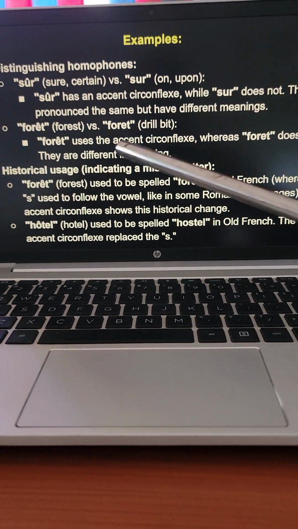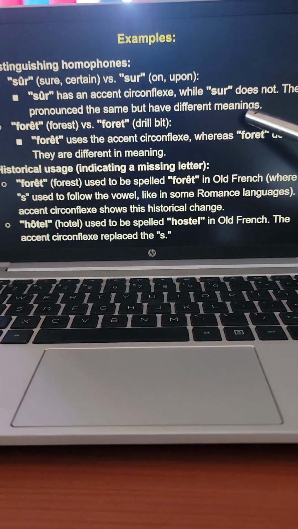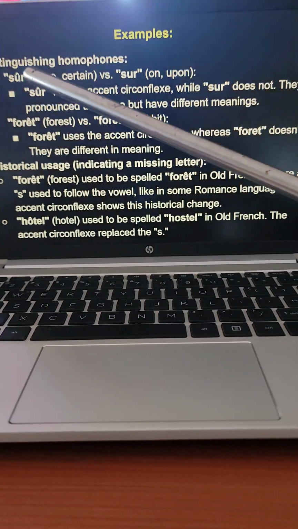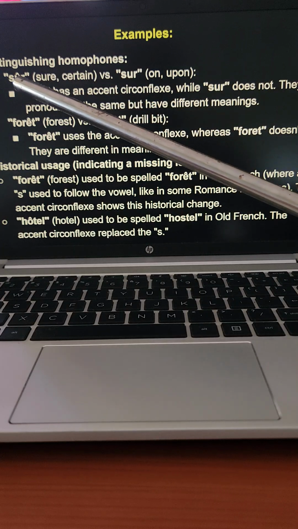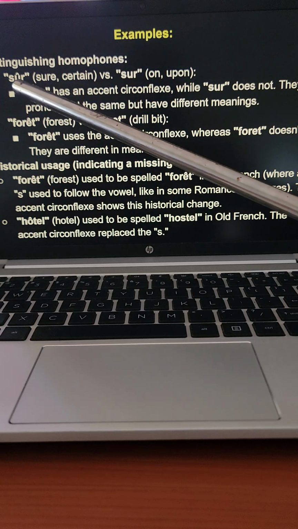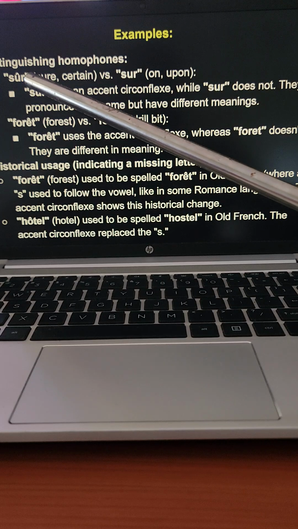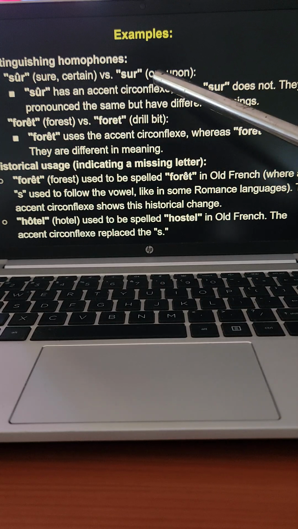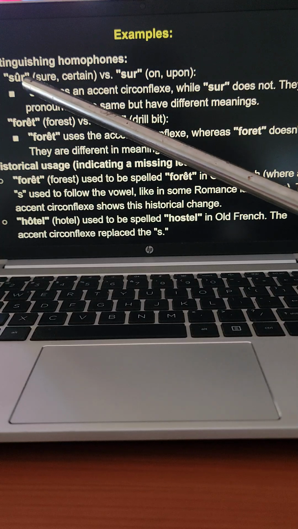They are pronounced the same but have different meanings. So guys, be careful when you're writing sûr and sur. Je suis sûr. Je suis très sûr. I'm very sure. If you forget that accent on that U and you want to say I'm very sure, then you're talking about something different. And grammatically that will be somehow wrong.